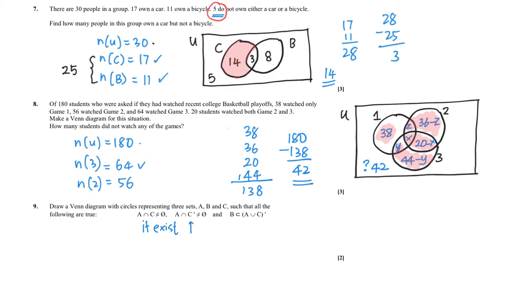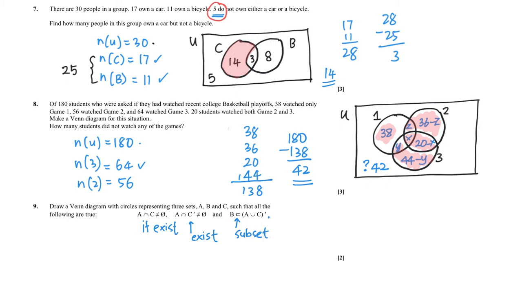Right, and the last part, B is a subset of not A and C, not A union C. So B will be in the region which is outside of A union C. Okay, so let's see how we can draw that.